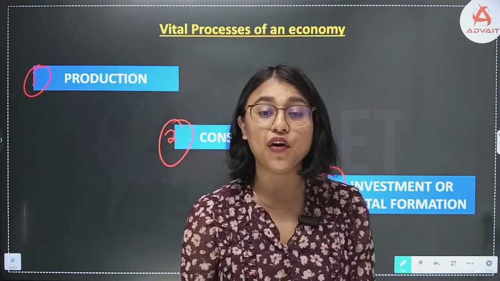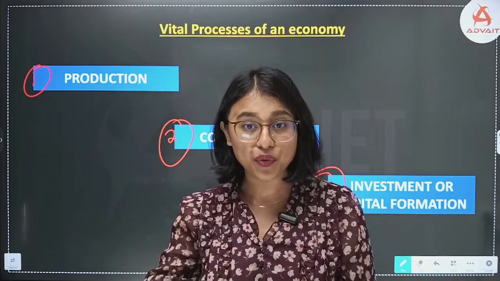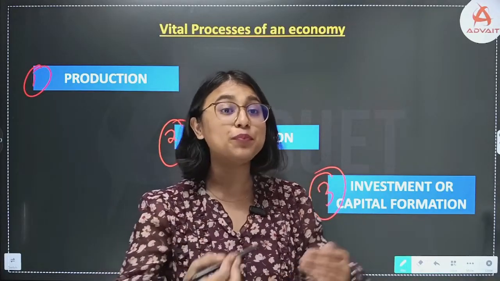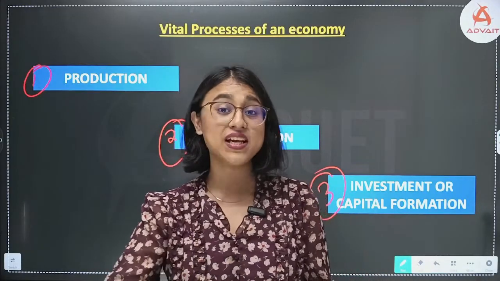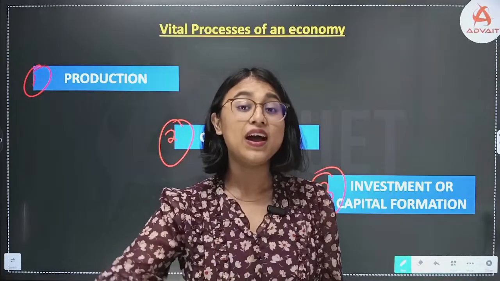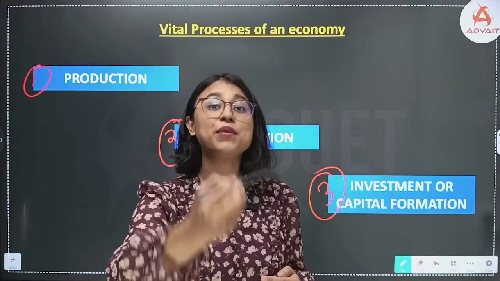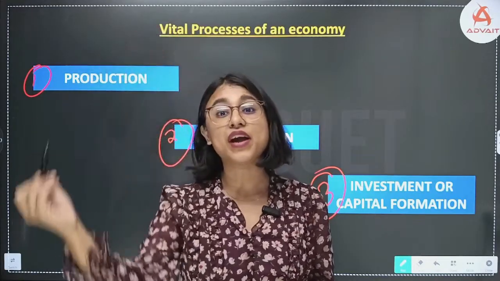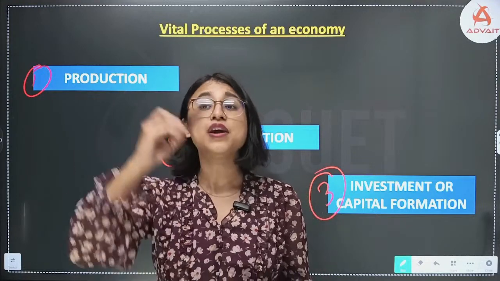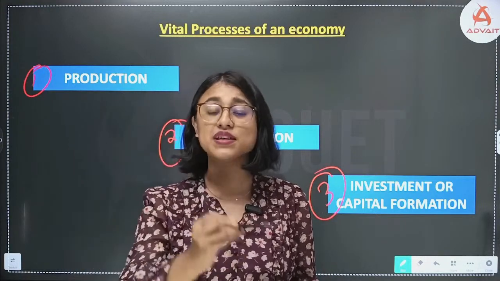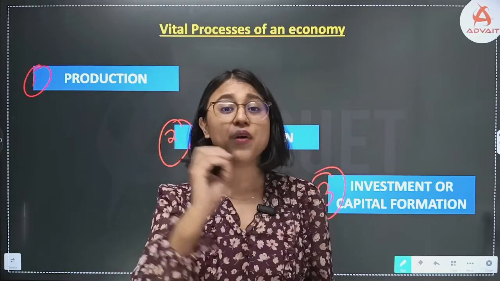In the economy, the more investment we make, the more profit we can earn. The higher the investment, the higher will be the income, and the higher will be the capital formation. Then, as our income increases, the production of goods and services will again be higher. Higher production means higher consumption, and as such the circle goes on and on.